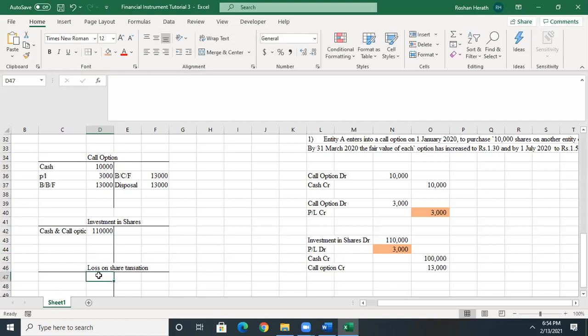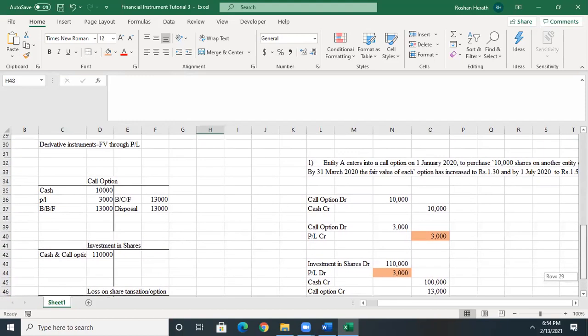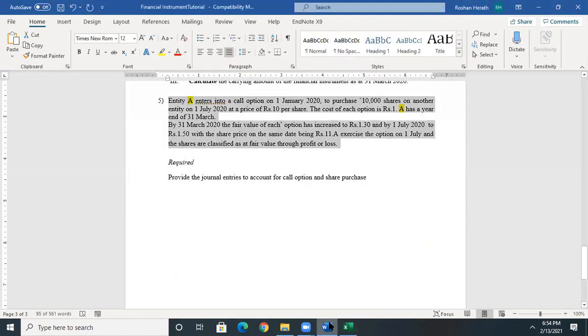Even the share option, you can see there you have 3,000. Right. So likewise, you could have done the accounting over there. Right. So this is about the derivative that we wanted to discuss. That is about the options.